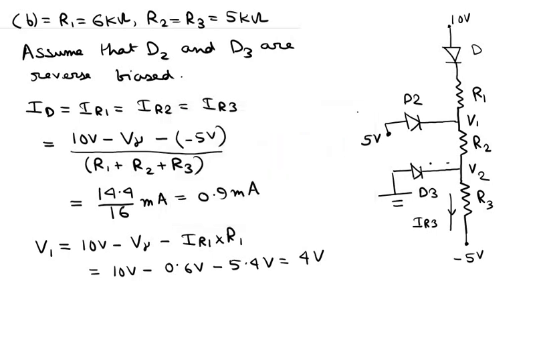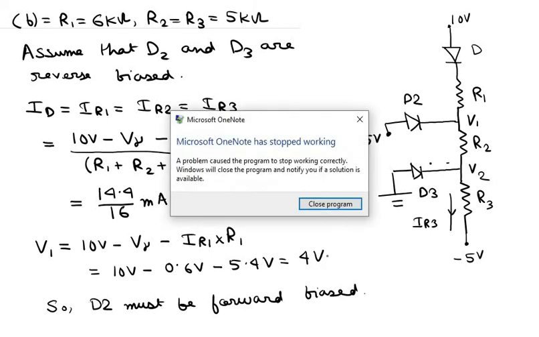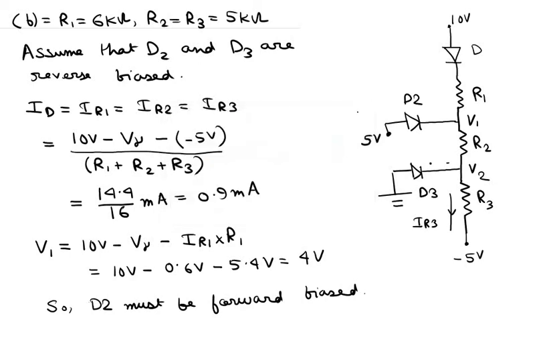Okay, so let me write it here. So D2 must be forward biased. Now if D2 is forward biased, then V1 is no longer kept constant at this 4 volts, but V1 basically becomes 4.4 volts, since the diode D2 is forward biased, the voltage across this diode is basically given by V gamma.